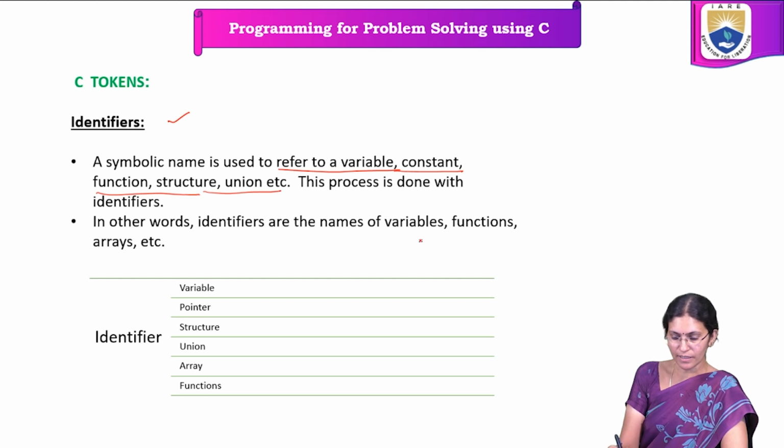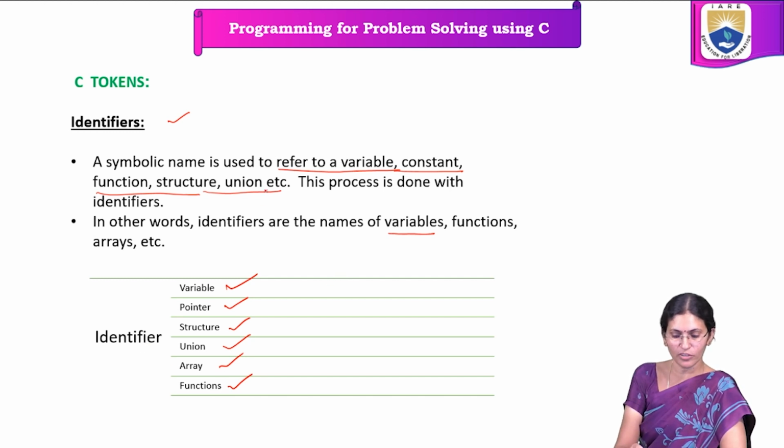That entity can be a variable, a function, a pointer, a structure, union, or array. So an identifier is nothing but a name given to an entity.